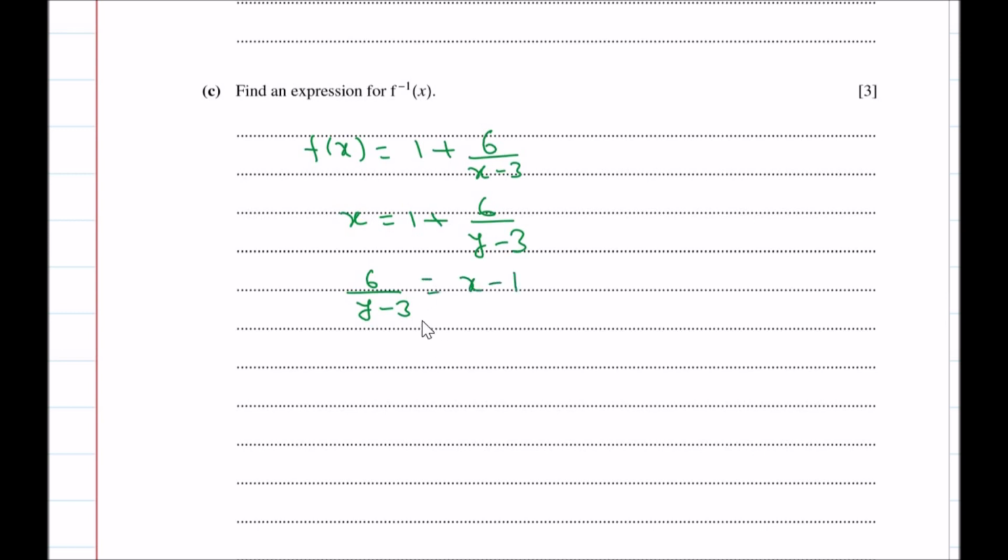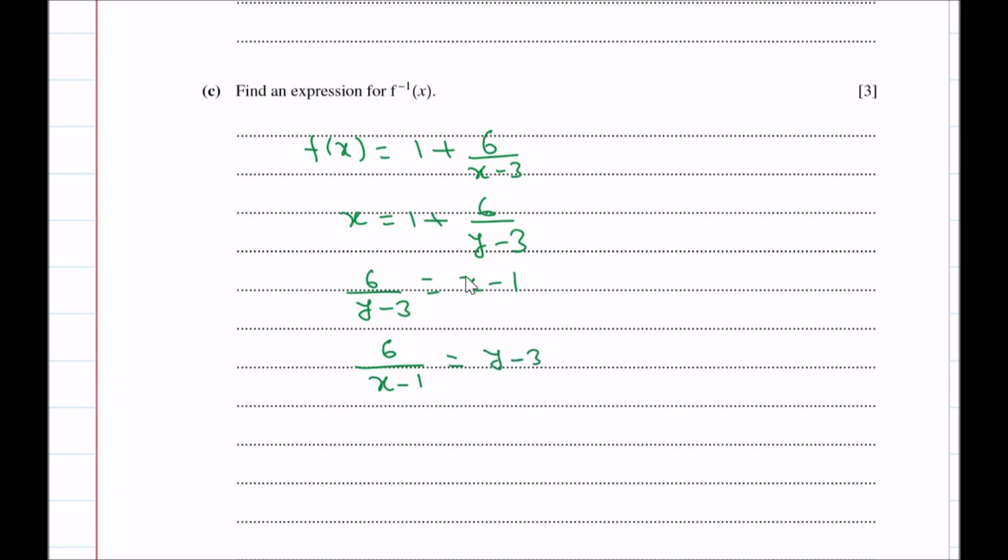Shifted 1 to the left side, so it becomes x minus 1. Okay. So now we can swap the x term and y term here. It's like x minus 1 will be swapped with y minus 3. Because we have to make y the subject, 6 by (x minus 1) is equal to y minus 3.